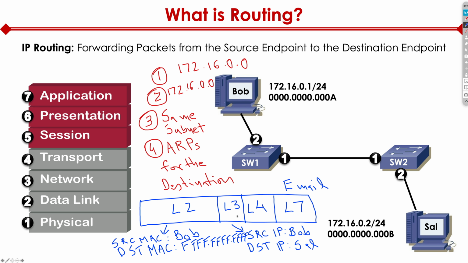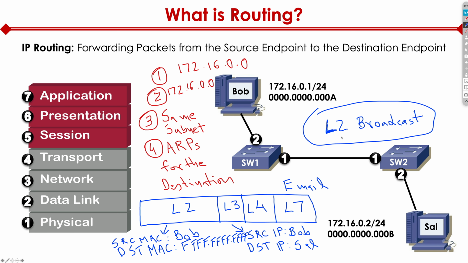And all Fs is basically a layer 2 broadcast. So every single device on that VLAN at layer 2 or that subnet at layer 3 is going to get that broadcast. In this case, the only other device on this network is Sal. So Sal is going to get that.